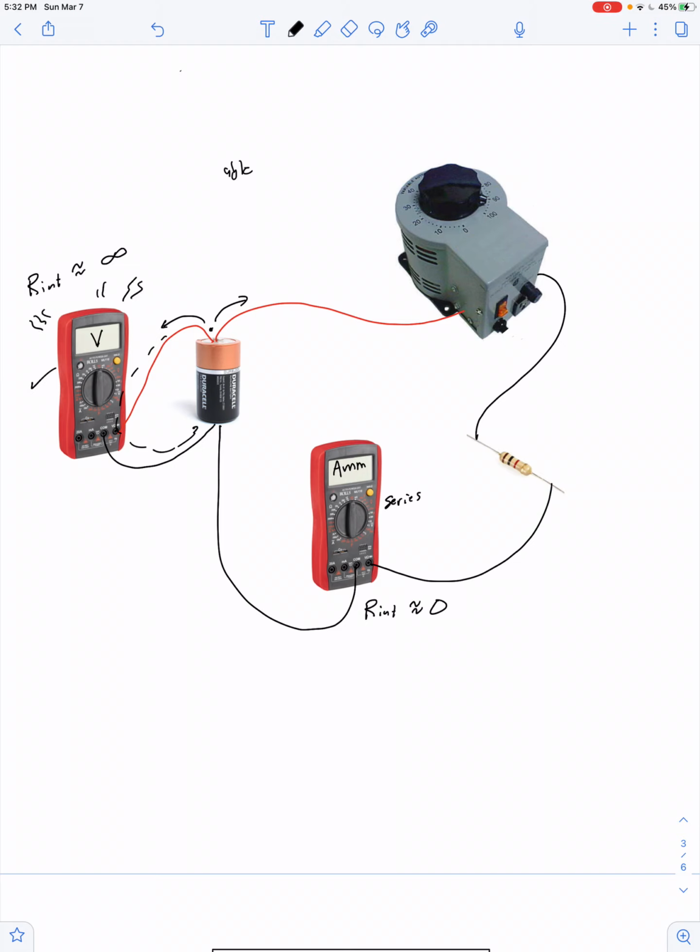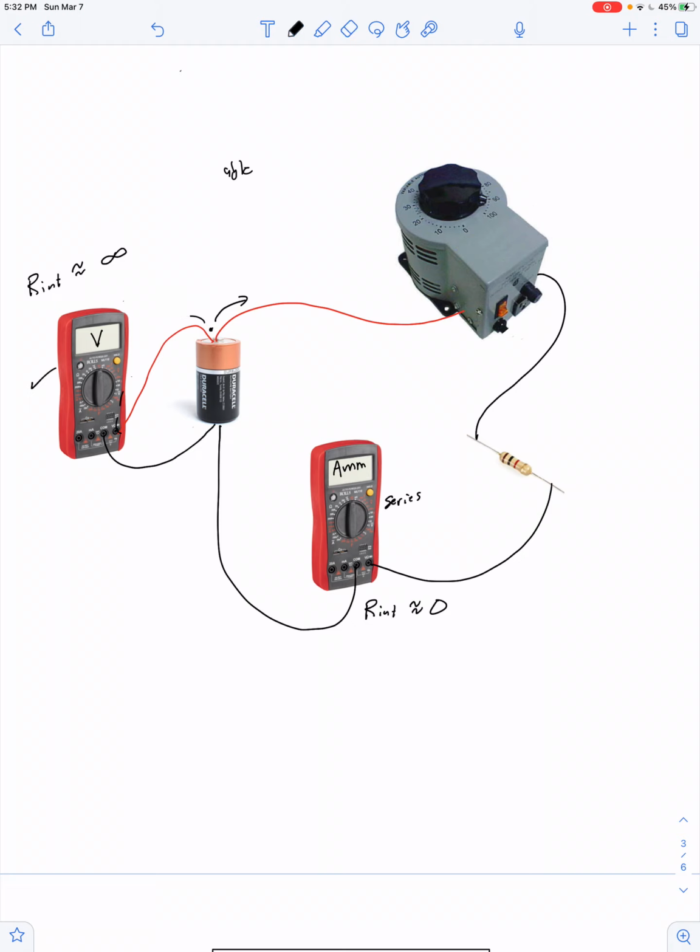In fact, it might even glow very briefly and be a short-lived light bulb in a way, right? So no, it's the exact opposite of that. Voltmeters have nearly infinite resistance, and therefore hardly any current at all flows through that loop of the circuit.